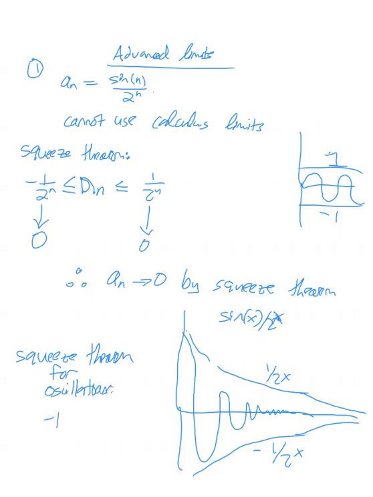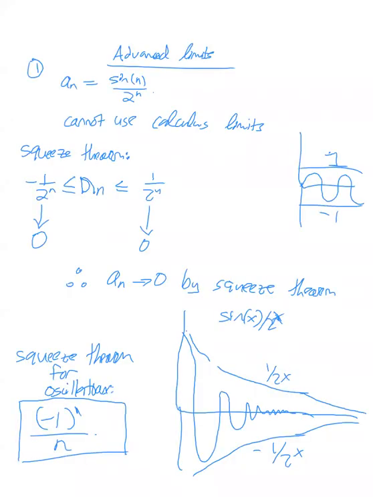So here's another example, -1 to the nth power divided by n. You can use the squeeze theorem for this limit. It should be 0 again. Okay, let me just go back to the previous one for a sec.